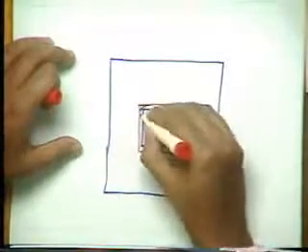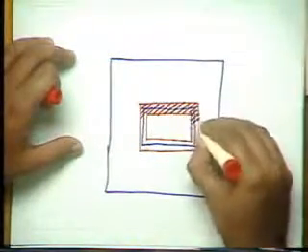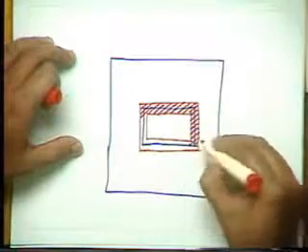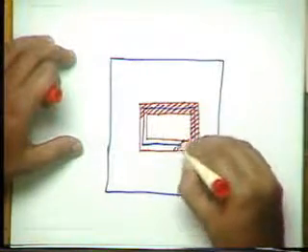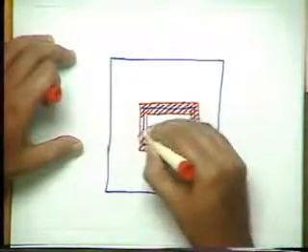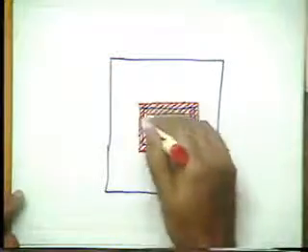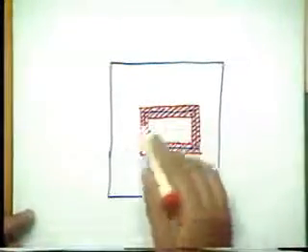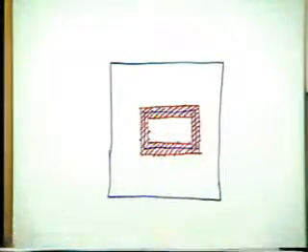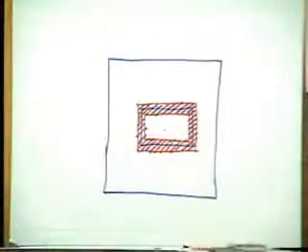We are only considering this region. That means the pixels which are very close to the object boundary. We are neither considering the pixels over here, nor the pixels over here.